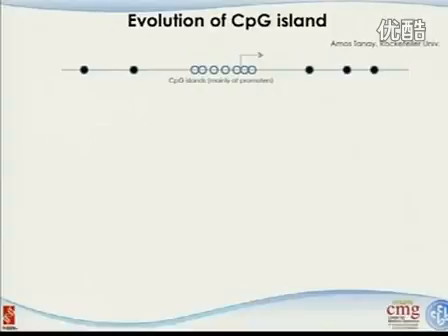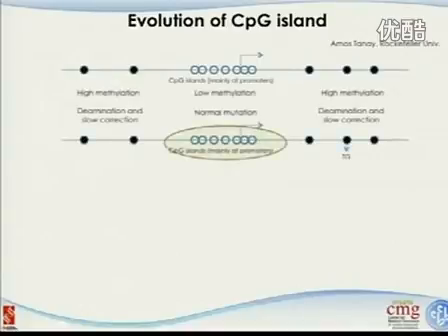But the only exception is in the promoter regions. In the promoter regions, we still see a huge amount of CpG dinucleotides. And the reason for that is evolutionary selection pressure. So you can see that this is the CpG dinucleotides, and this is the gene region. And these are intergenic regions, meaning they are not very important. Okay?